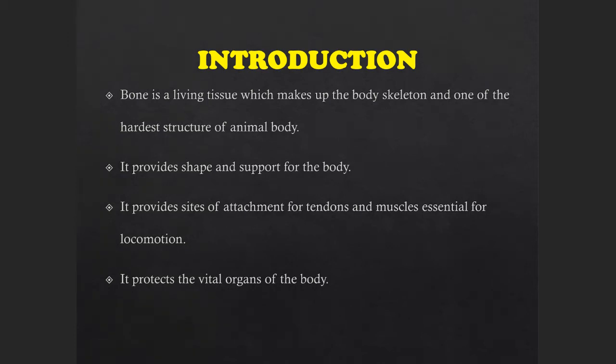Then it provides a site of attachment for tendons and muscles. This is again a very important thing. Bones provide the attachment for your ligaments and tendons to join with the muscles so that they move in coordination. That is why, if any one of you gets hurt while playing football or doing anything, there are times when there is no bone break, but you have intense pain.